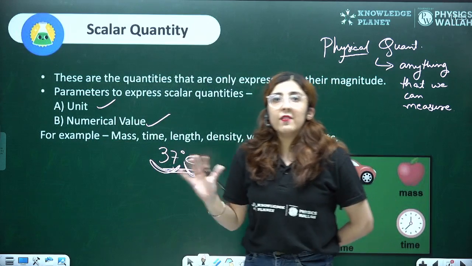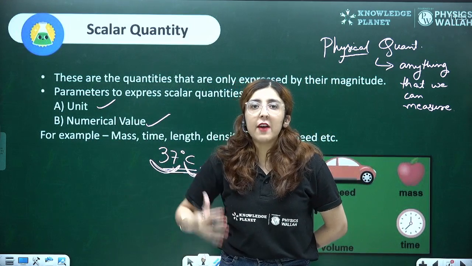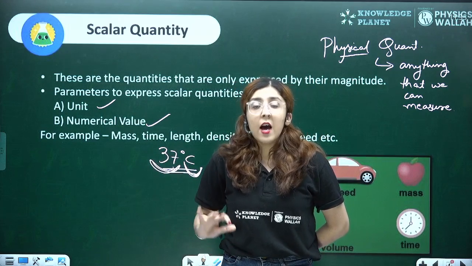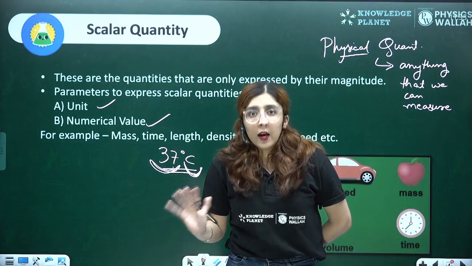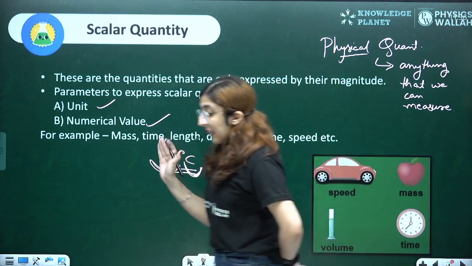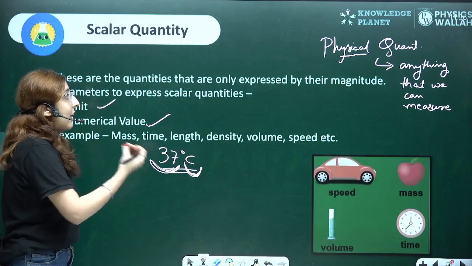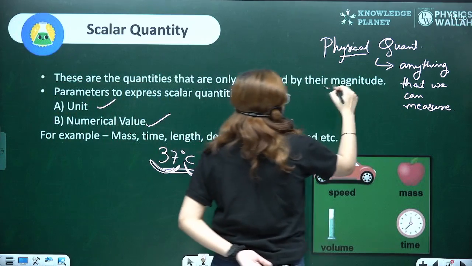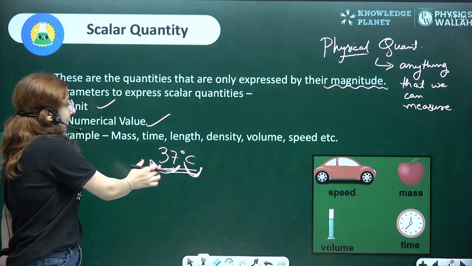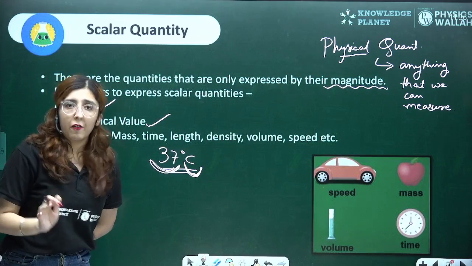Mass, 5 kg potato. You are not going to say 5 kg potato in north. So yes, direction is not at all important. These quantities only require magnitude, strength, numerical value and the unit. That is enough.